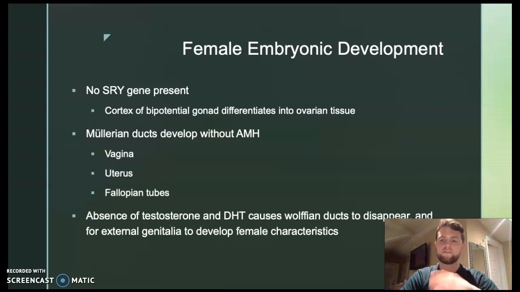Also, in the absence of AMH, which was secreted by the testes, Müllerian ducts can develop and form the upper portion of the vagina, uterus, and the fallopian tubes. And also, in the absence of testosterone and DHT, the Wolffian ducts disappear, and the external genitalia develop female characteristics.